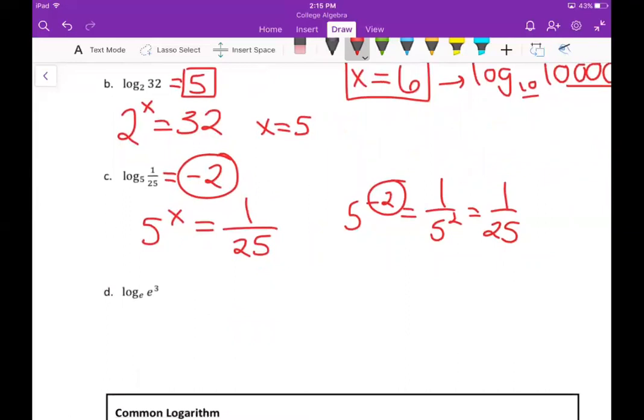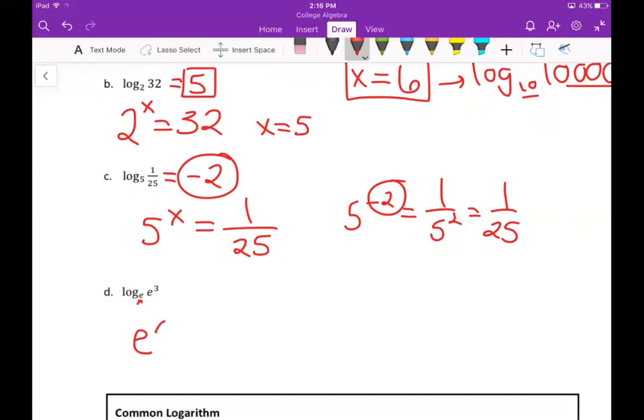What if we need to evaluate this? We saw this e come about when we were talking about continuous interest. It's a very common base because it is a continuous growth, that continuous exponential growth. So you'll see e's come up with logarithms. So what about this one? Just because you see an e, don't get scared. That base is e, the base of the log right there.